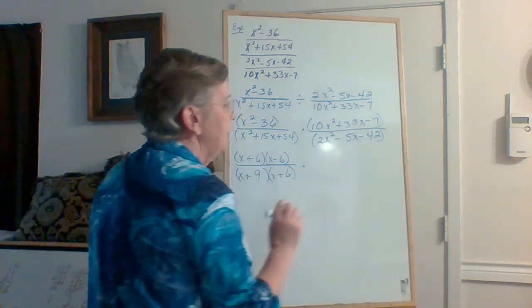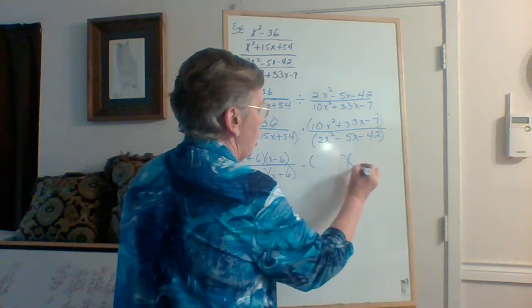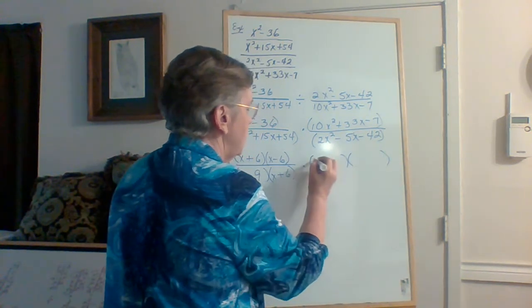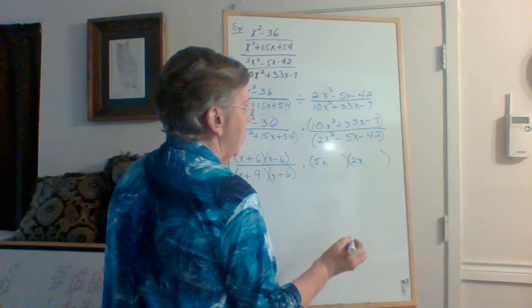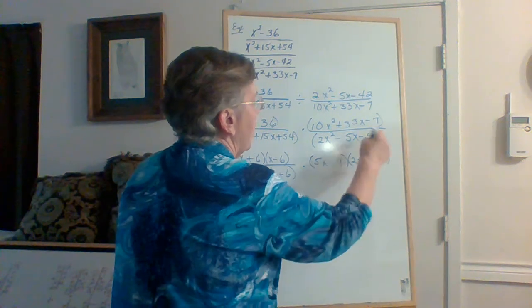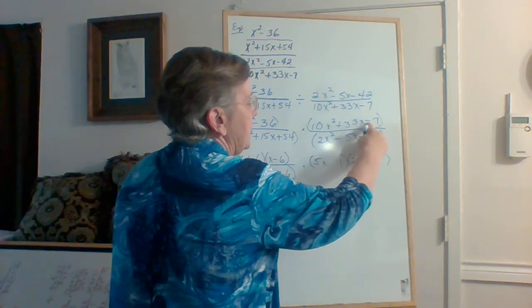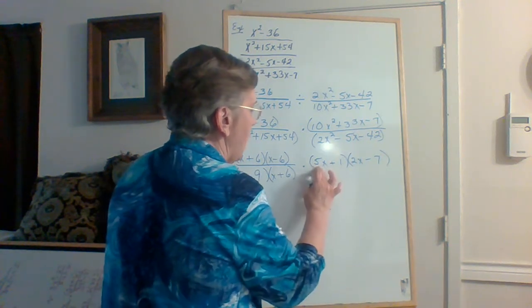No common factor. So I break it into two parentheses. 5x, 2x. 7 is kind of easy. 1 and 7. That says the signs are going to be different. Let's just put a plus and a minus and check them out.